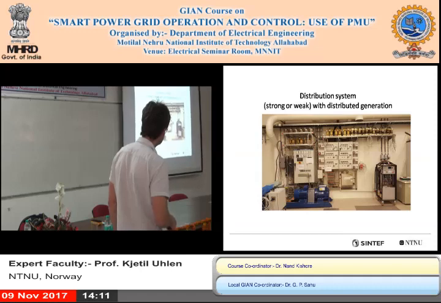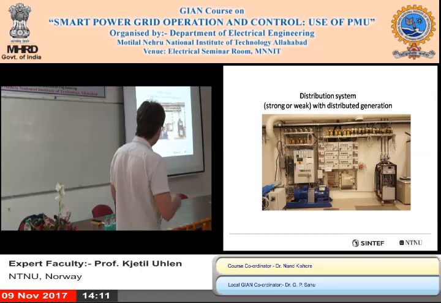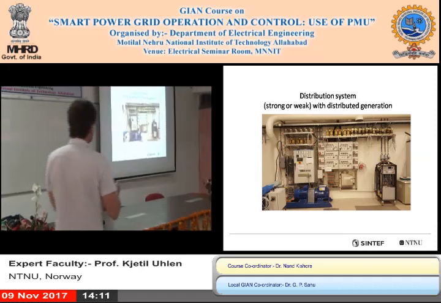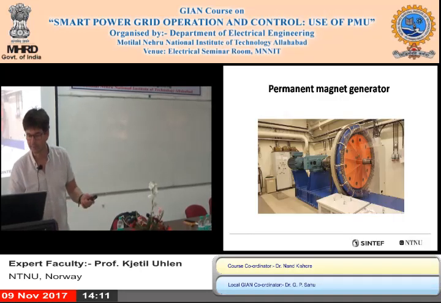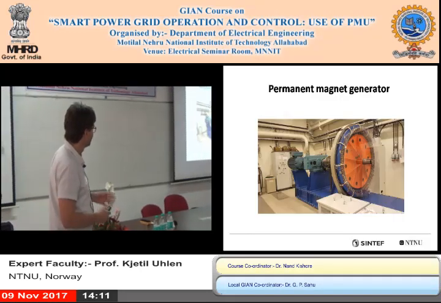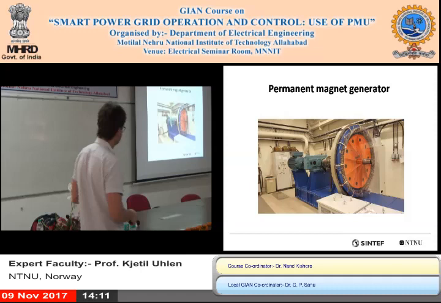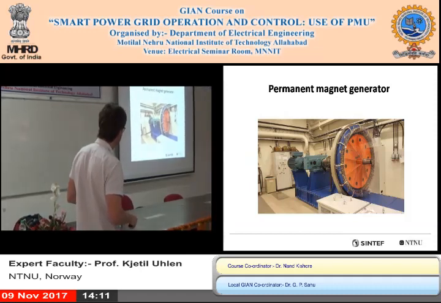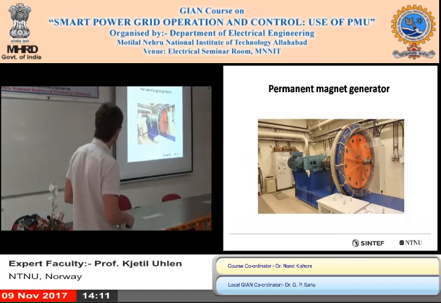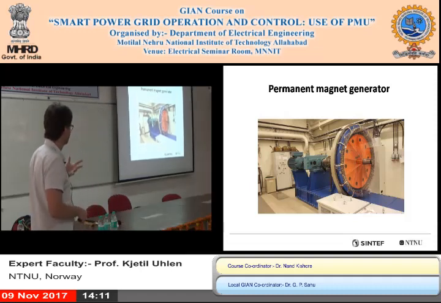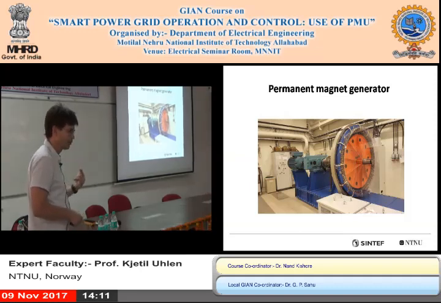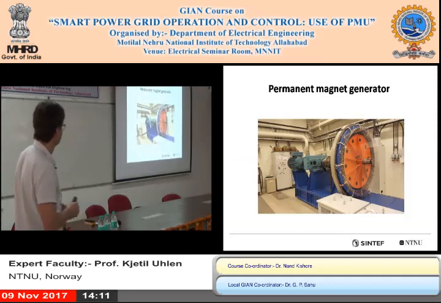Some equipment here with thyristors so that we could emulate short circuits, sudden short circuits. We have larger machines, or not that much larger in power, but this is an experimental machine with a permanent magnet, multipole. It was a design aimed at designing generators for wind turbines, multipole generators.